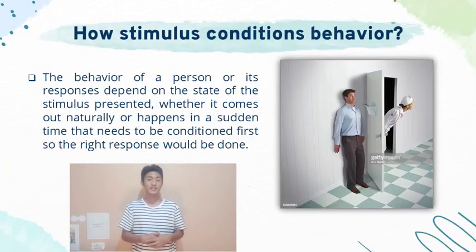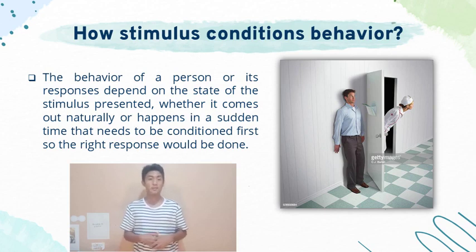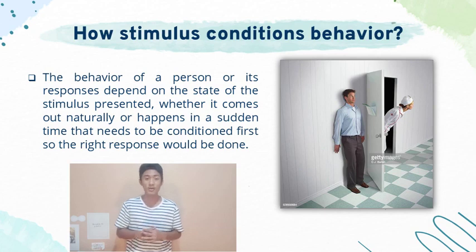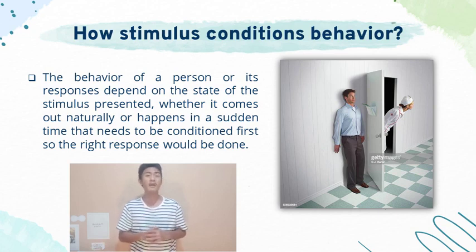Pavlov's theory of classical conditioning and its experiment on dogs has been applied to human beings. The behavior or level of performance of a person is very much dependent on the stimulus and how familiar it is to the respondent. When a person walks into a room and doesn't know that someone, who serves as a stimulus, is attempting to startle him, the response would be very evident in the expression of the person being startled.